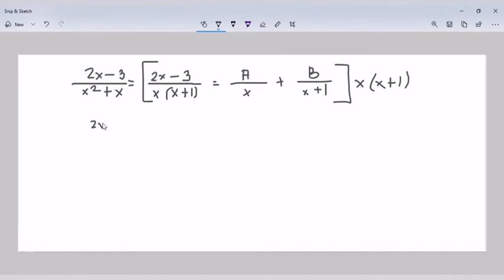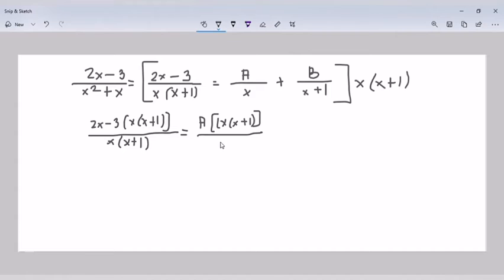So that gives us 2x minus 3 times x times the quantity of x plus 1 all over x times the quantity of x plus 1 equals a times the quantity of x times the quantity of x plus 1 over x, plus b times the quantity of x times the quantity of x plus 1 over x plus 1.